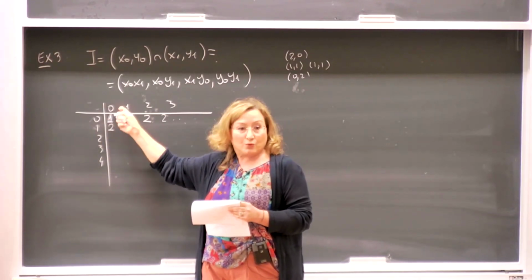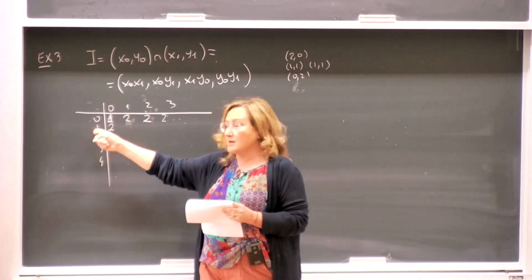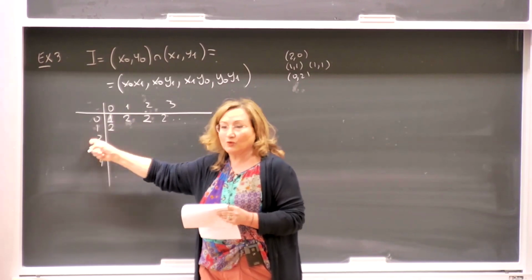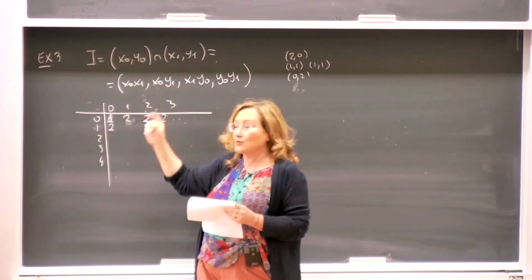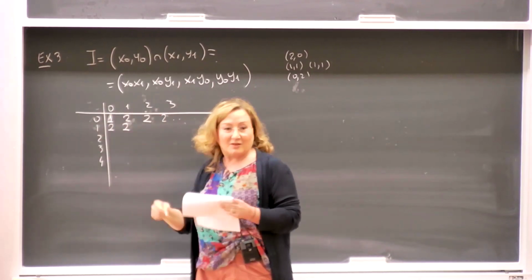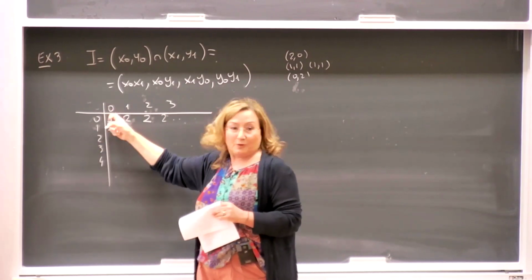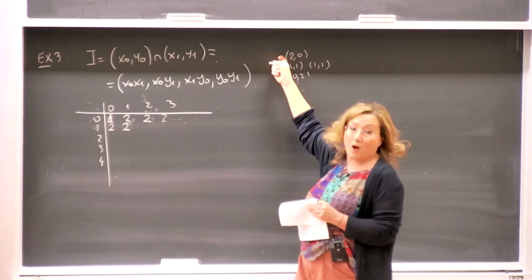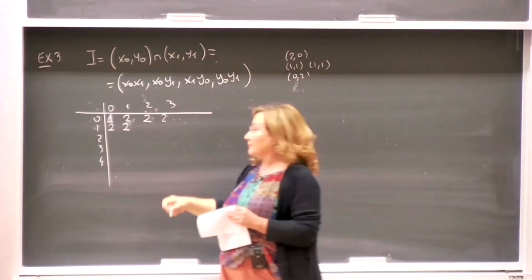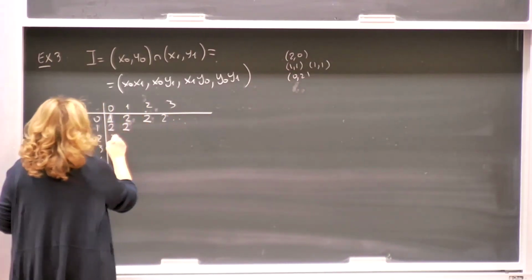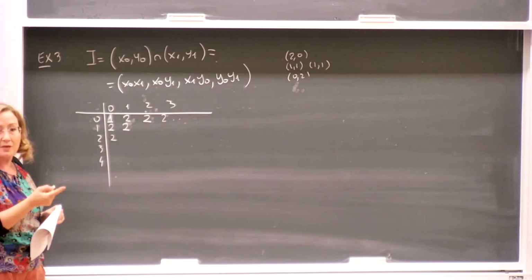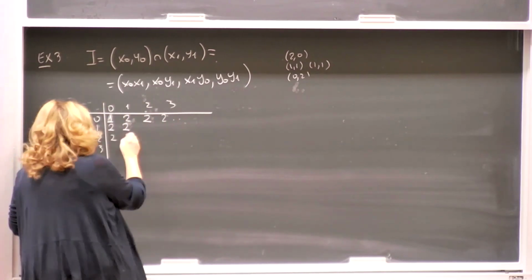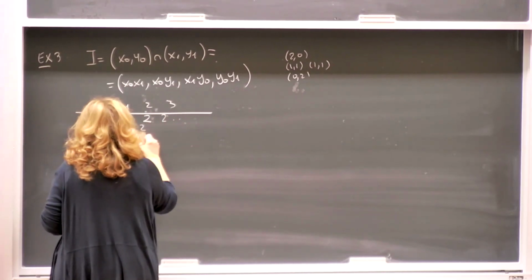It's i plus 1 times j plus 1, so 2 times 2 is 4, minus 2 is 2. Okay, and in 2, 0 we have just 1 generator, and then it's 2 as before, because it's 3 minus 1 is 2, and then it goes forever by 2.